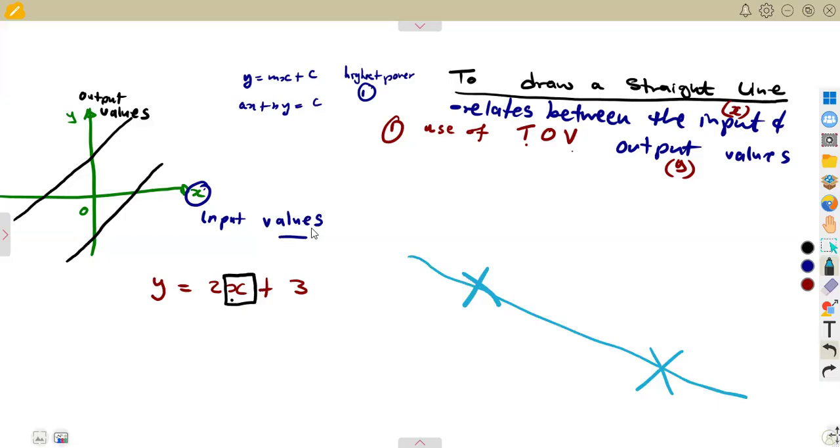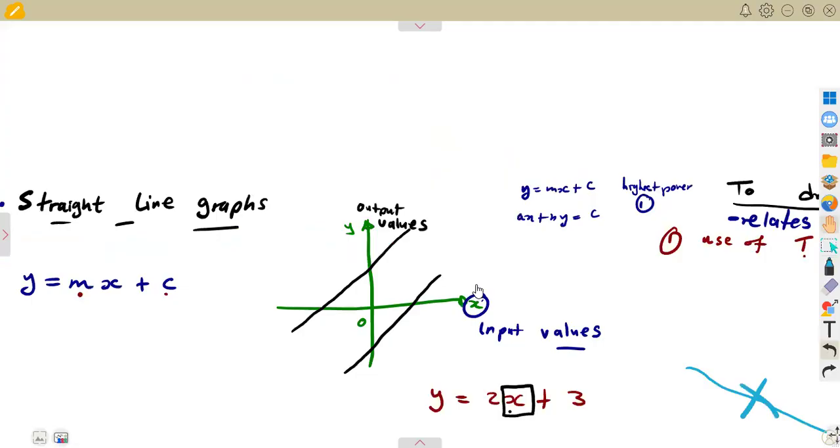So in actual sense, 2 points are enough to draw a straight line. If I have a point here and another point here, these 2 points are enough for us to have a straight line by joining them.